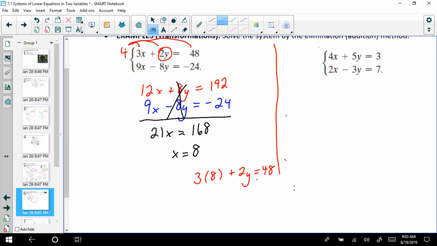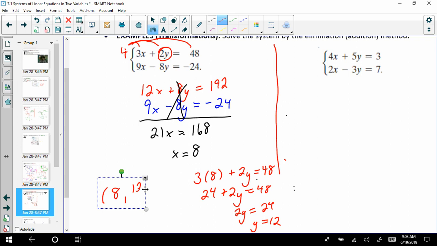So if I simplify, 24 plus 2y equals 48, I would subtract 24 over, and then divide by 2. So my ordered pair solution should be 8, 12. That is the solution to this system.